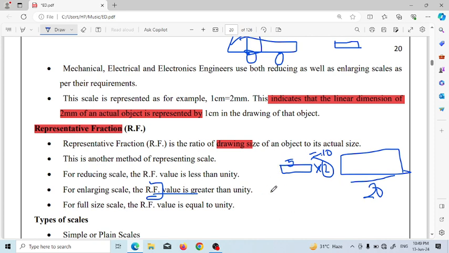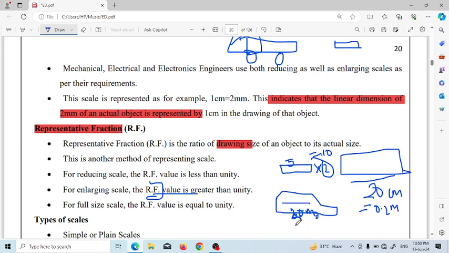And for reducing, for example, we have to draw the picture of a car, and its width is 20 meter, while the sheet size is 20 cm, that means 0.2 meter. The 20 meter car cannot be drawn on a 0.2 meter sheet.